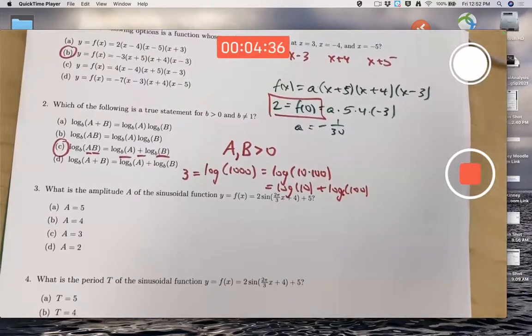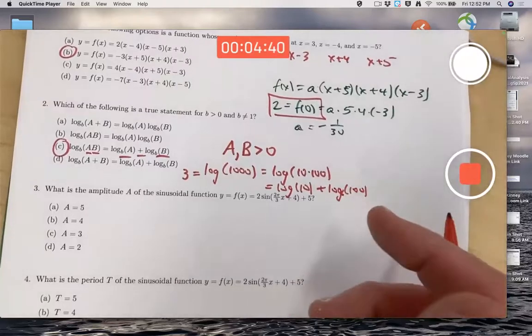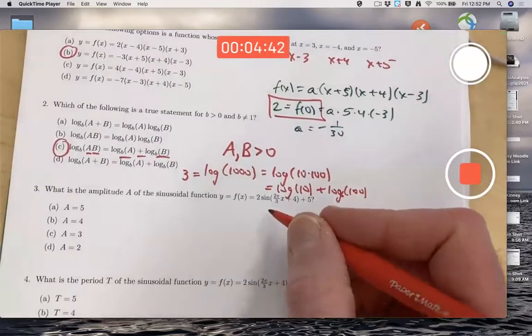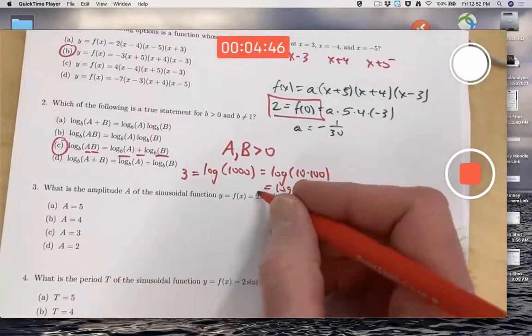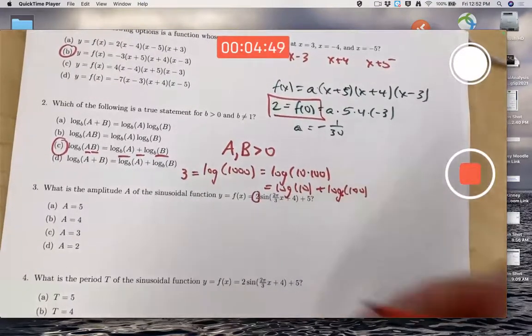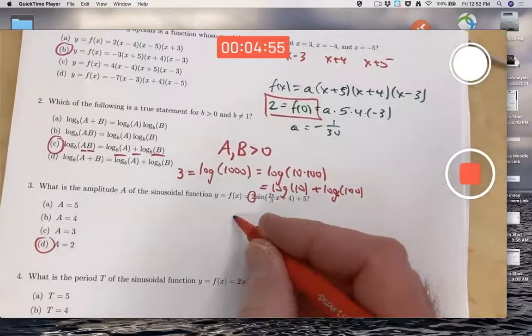Number 3, what is the amplitude of the sinusoidal function? When it's in this form, some number times sine of something or cosine of something plus some other number, the amplitude's always that number right there. 2. What does that mean? What does it represent graphically?